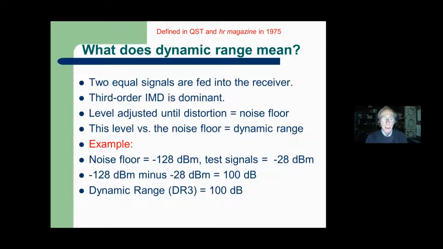And so just as an example, if the noise floor was minus 128 dBm, and that's pretty weak, like minus 107 is 1 microvolt, just to make a frame of reference if you think in microvolts. So it's quite weak. And if the two test signals happen to be minus 28 dBm, then the difference between those two is 100. So that's the 100 dB magic radio, but it might be any number.